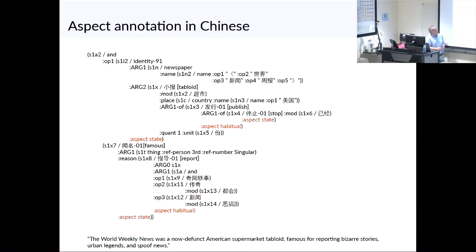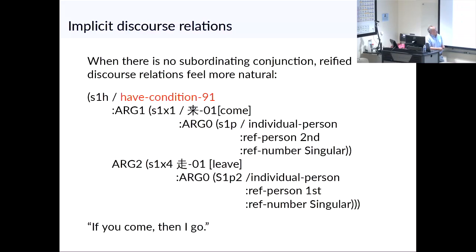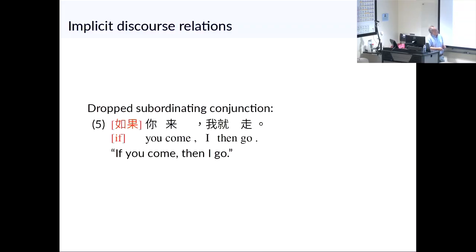And this identity, this is that kind of tabloid, so that's more of a state. Here you can infer that this report is more of a habitual kind of thing. So even without markers, you can still infer some sort of aspectual information.